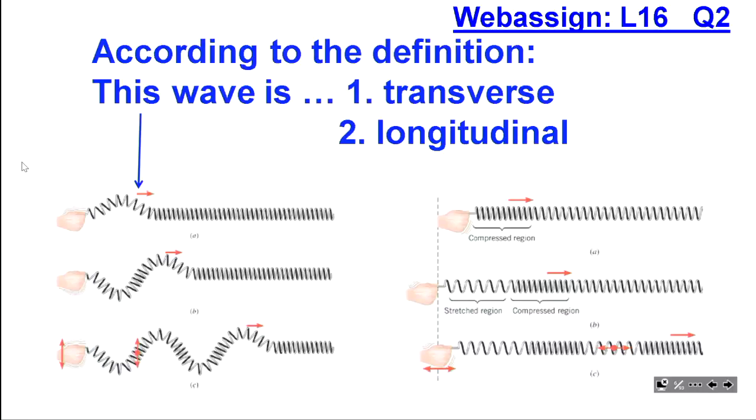And this end might be solid, fixed, or freely moved. In any situation, if you look at an individual location inside this wave, the wave particles, these turns, they move horizontally, and the wave propagates horizontally. This is the model of this situation.